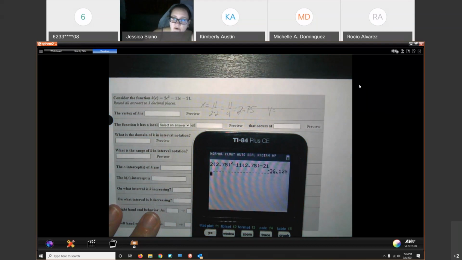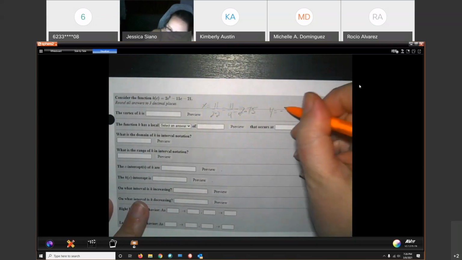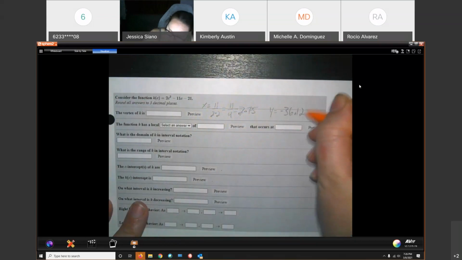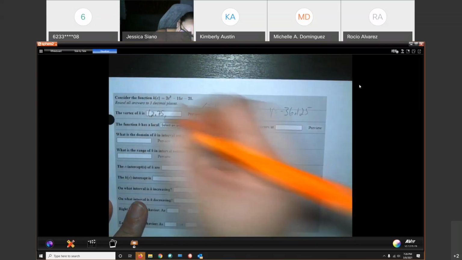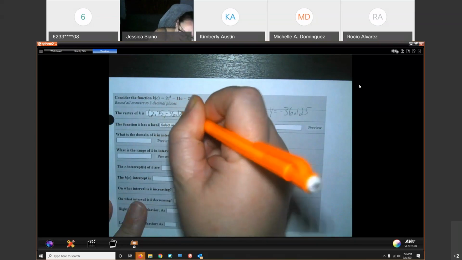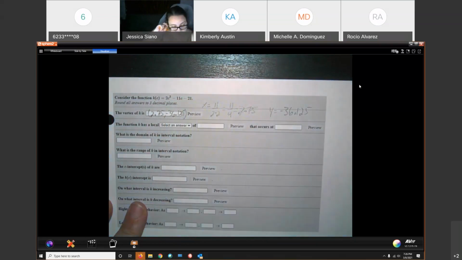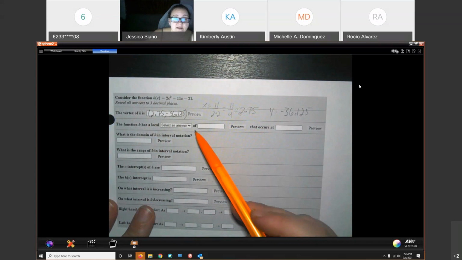And again, you can totally use the calc function on your calculator if you don't want to do this by hand. Honestly, I think it's easier to just do it by hand versus graphing it and then having to do calc trace, but that's just me. Or calc min.